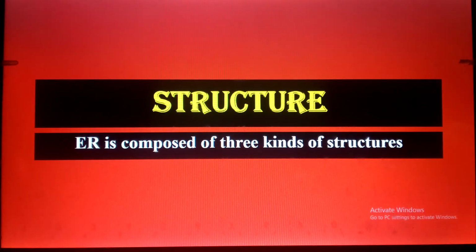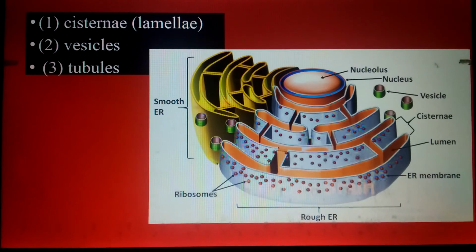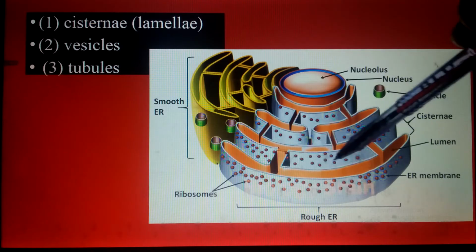Okay, now I'm going to discuss the structure of the endoplasmic reticulum. So take your notebook, pen and pencil and draw the structure of the endoplasmic reticulum. The ER is composed of three kinds of structures. This endoplasmic reticulum consists of how many structures? Three kinds of structures. You can see here, these are the cisternae.